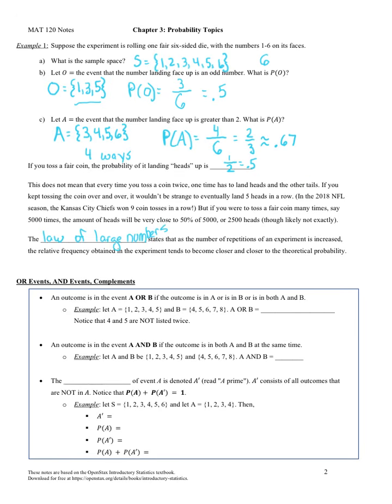Here we're going to discuss 2 important words in probability, the word or and the word and. An outcome is in the event A or B if the outcome is in A or is in B or is in both.